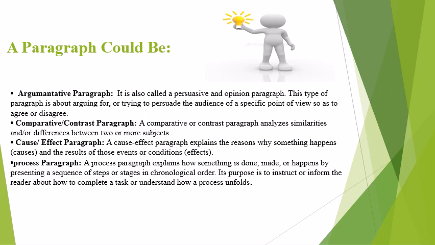As a final type, process paragraph, which is a type of writing in which you will explain how something is done, made, or happens by presenting a sequence of steps or stages in a chronological order. Its purpose is to instruct or inform the reader about how to complete a task or understand how a process unfolds.